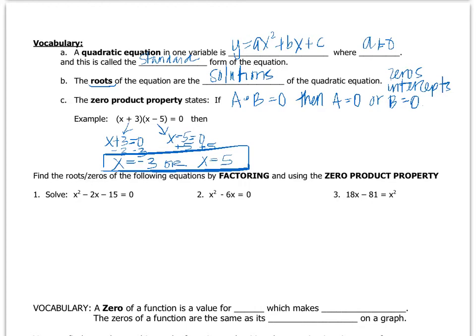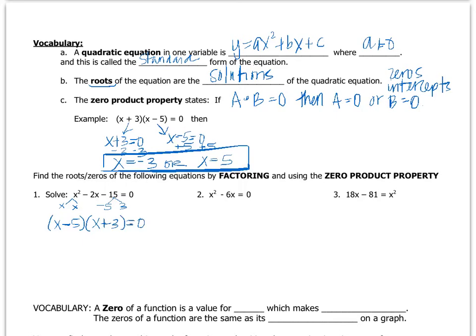So what I'm going to do is try and factor this first one. I know x squared is x times x. I know that 15 is 5 times 3. Now one of these has to be negative in order to get a negative 15. And since the middle term, the b, is negative, then the bigger number has to be negative. So I have these factors, x minus 5 and x plus 3 equals 0.